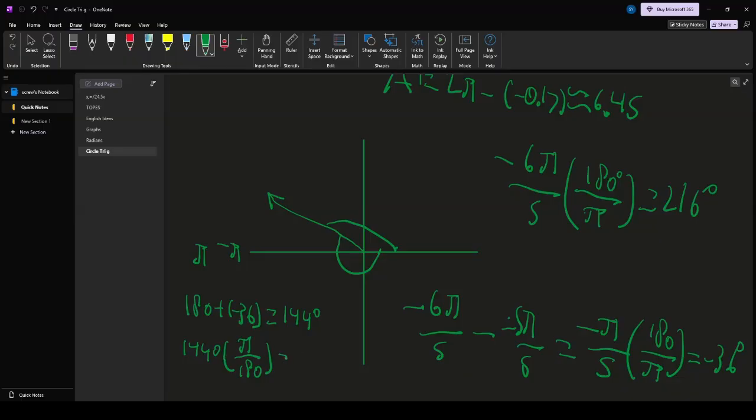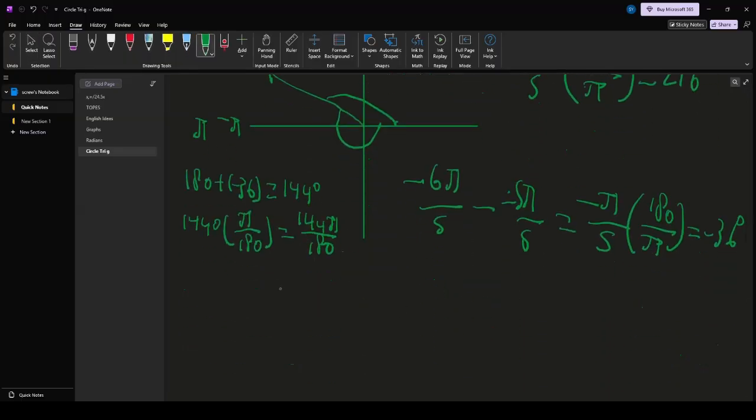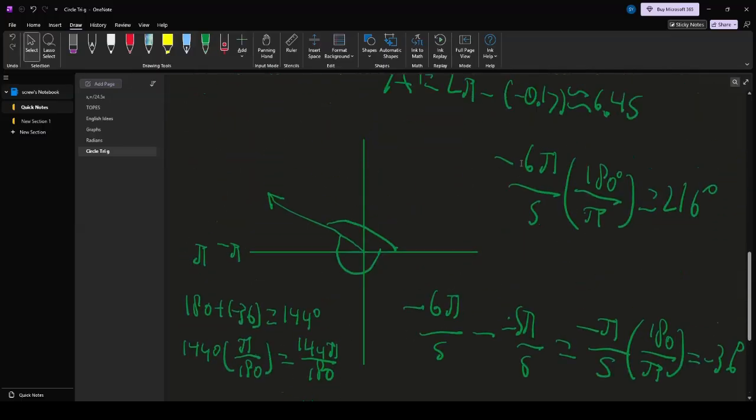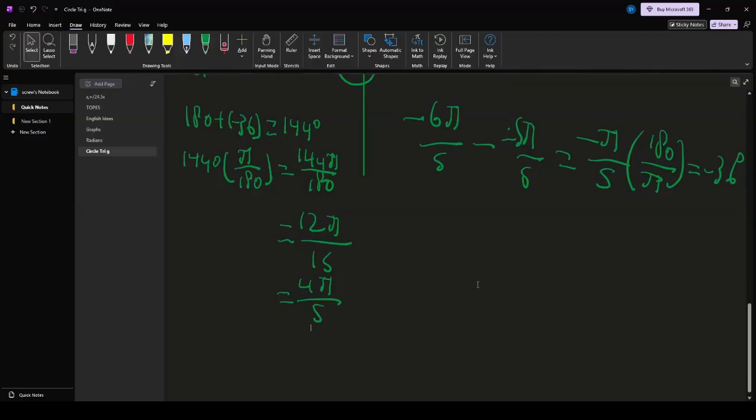And then you'll get 144 pi over 180, and then you simplify the fraction 144 over 180, so that's 12 pi over 15. And then you can reduce it down further by dividing each number by 3. So the positive equivalent angle of negative 6 pi over 5 is 4 pi over 5.